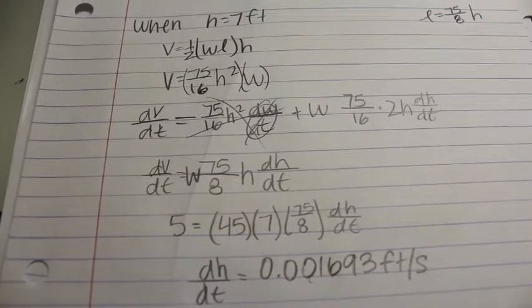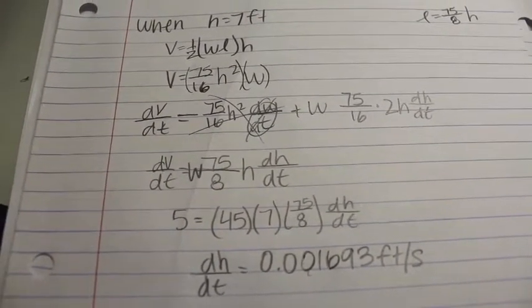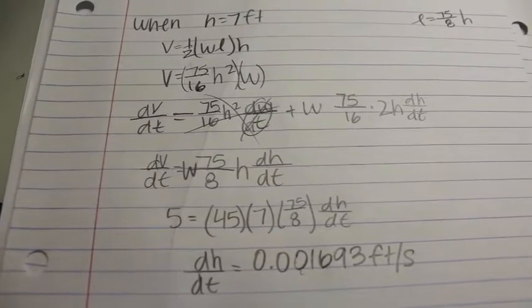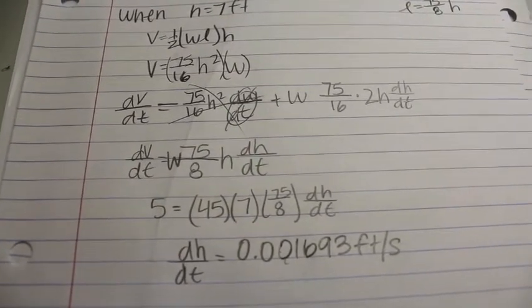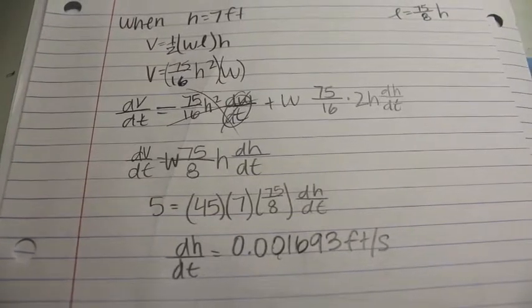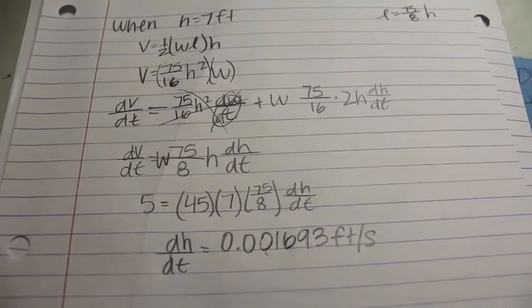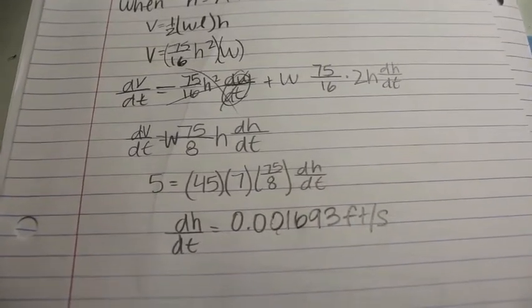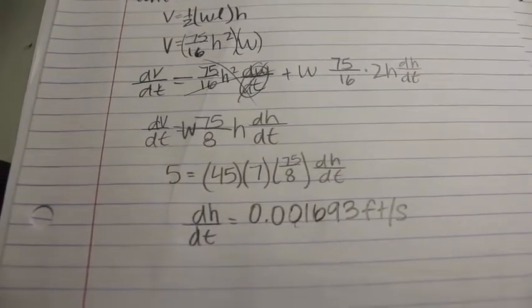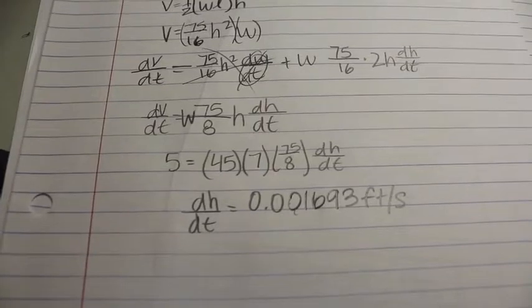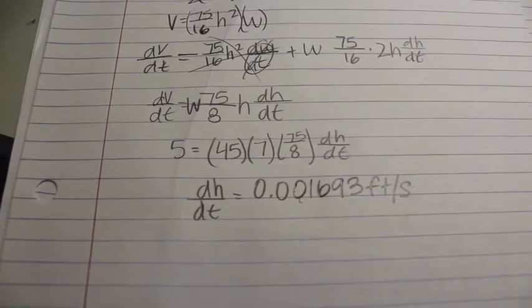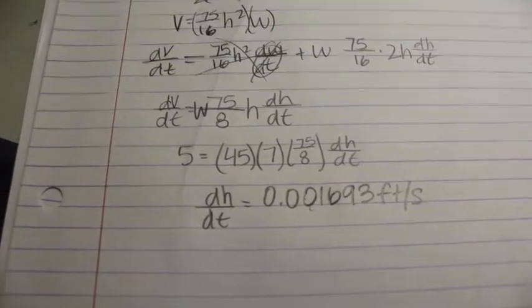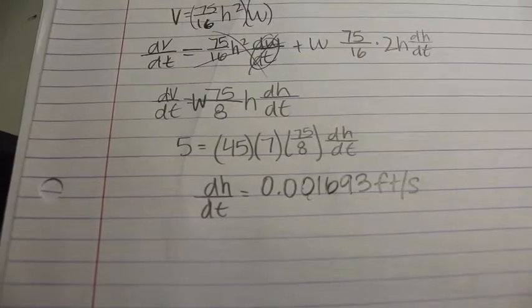So dV/dt equals 75 over 16 H squared dW/dt plus W times 75 over 16 times 2H dH/dt. dW/dt is once again 0 because the width does not change in this problem. So that whole section becomes 0.